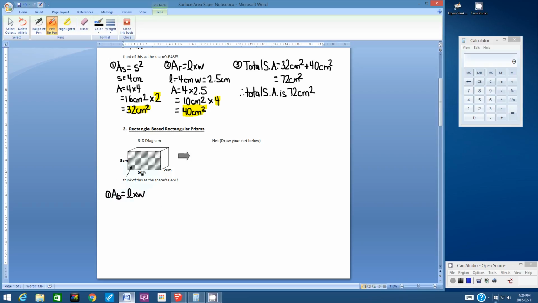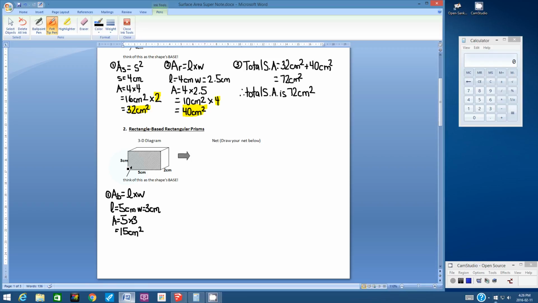We have a length of 5 and a width of 3, so let's write that down on our information line: length of 5 centimeters, width of 3 centimeters. If we plug that back into our formula, we get area equals 5 times 3 equals 15 centimeters squared. It's nice when we have numbers that we can use mental math with.